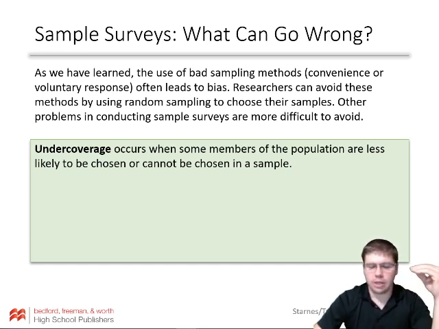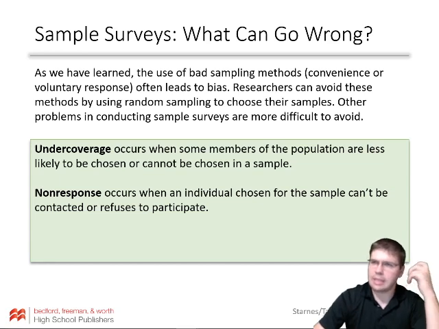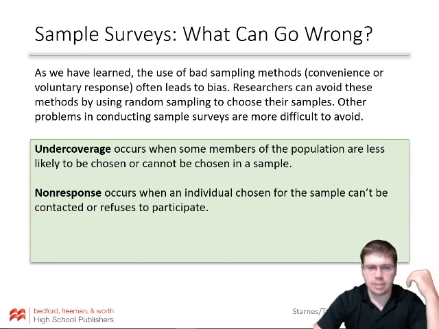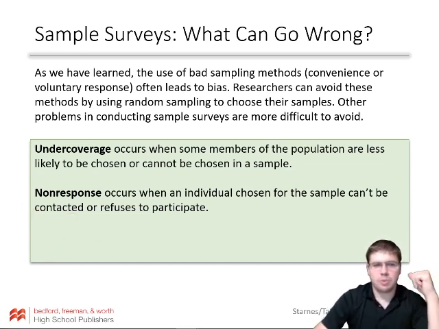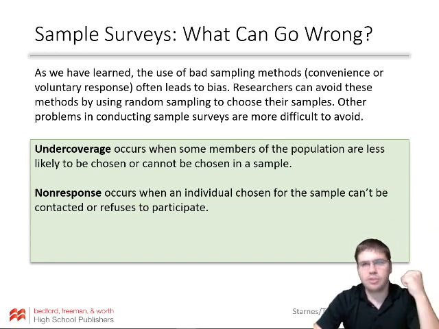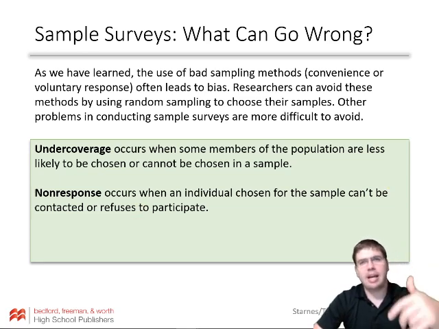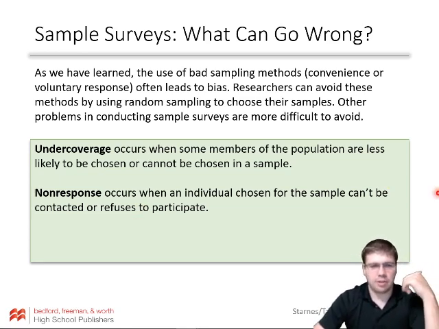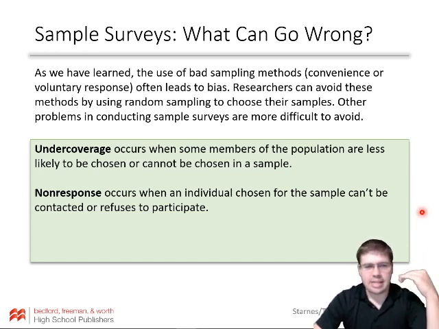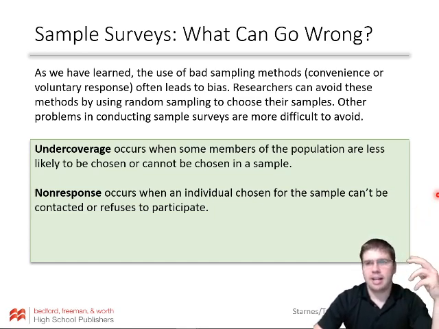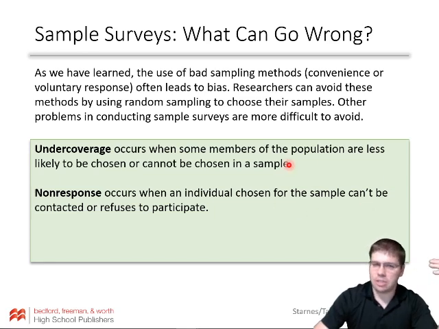Another thing that's very closely related and can lead to the same thing is non-response. Non-response is when the individual has been chosen for the sample and can't be contacted or refuses to participate. If you try and call somebody, saying we selected you to be in our sample, but they actively choose not to be involved, or they don't pick up the phone, that non-response actually leads to undercoverage.